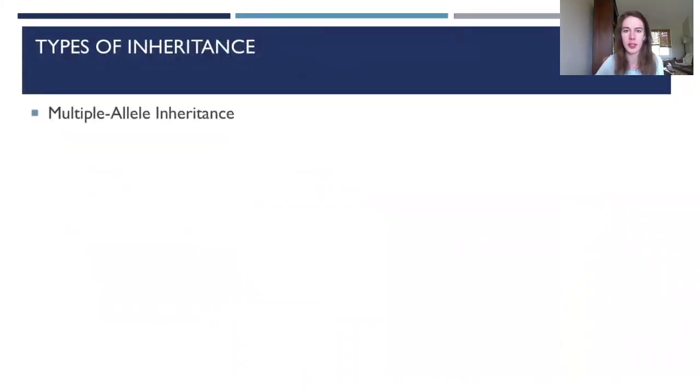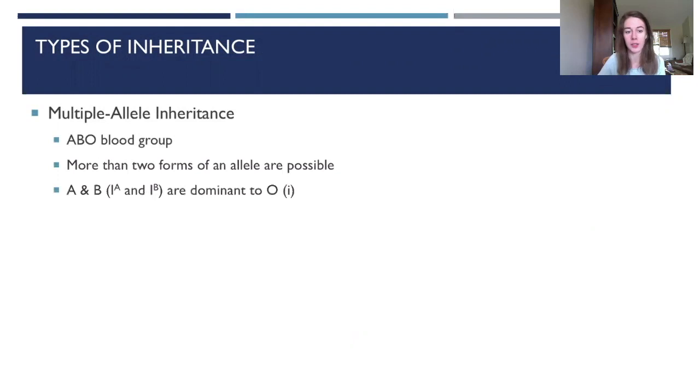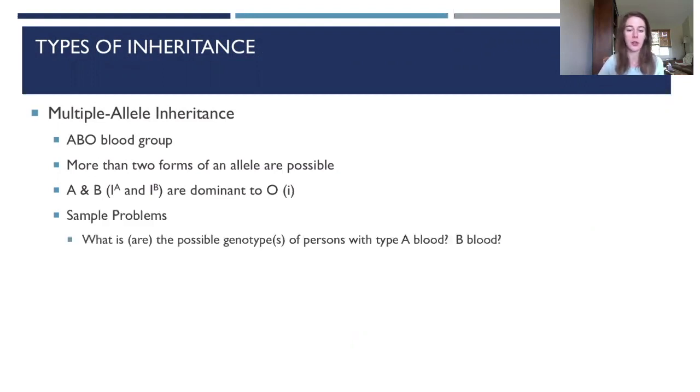Okay, multiple allele inheritance. The easiest example of this is the ABO blood group. This is just when you have more than two alleles. And not only is this multiple allele inheritance, but we also have a couple other inheritance types happening here. So A and B are both dominant, which means they're co-dominant, and both of those are dominant over O. So if we have two people, one of them has A blood, what is the genotype of the person with A blood going to look like?